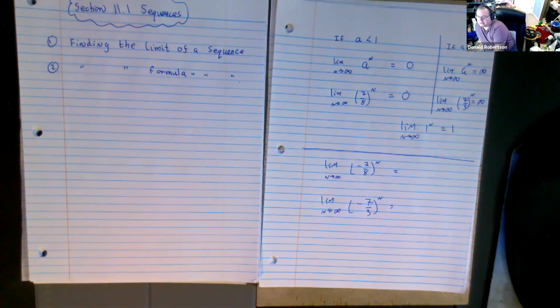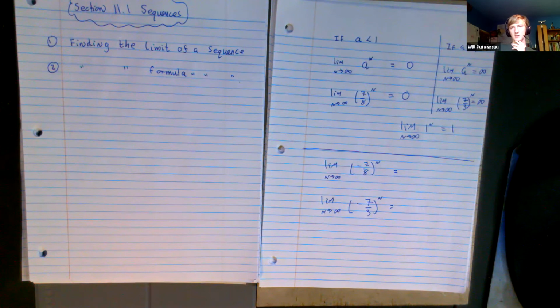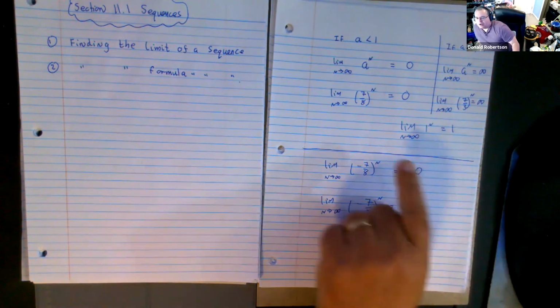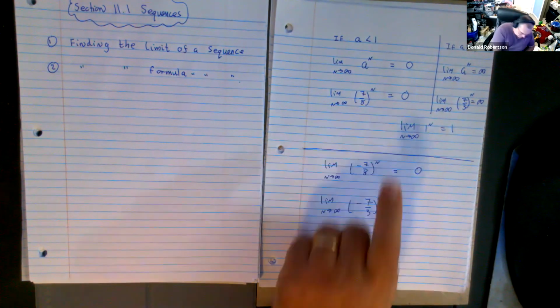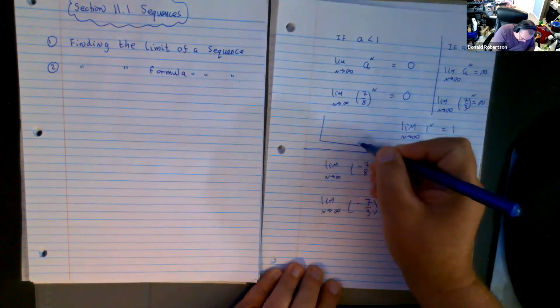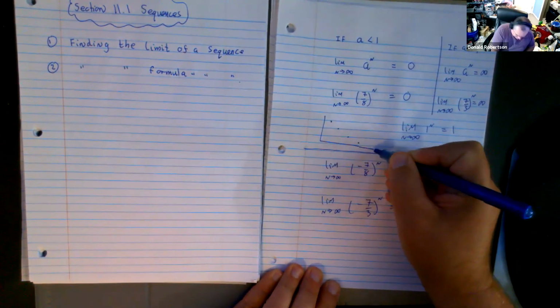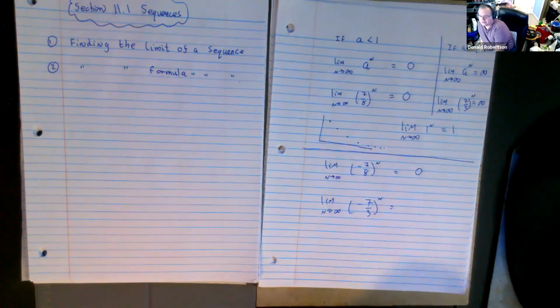What would its limit get you? 0. Now, it'd get to 0 in a slightly different way. Wouldn't this one get to 0 if I kind of plotted it? It would be there, then there, then there, and then there and there and there, right? It would look like that if you sketched it.